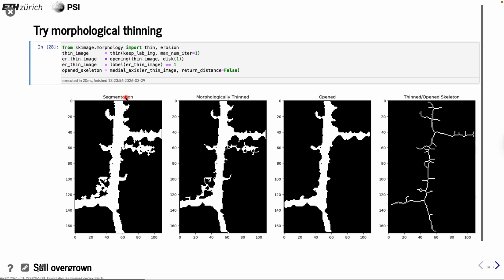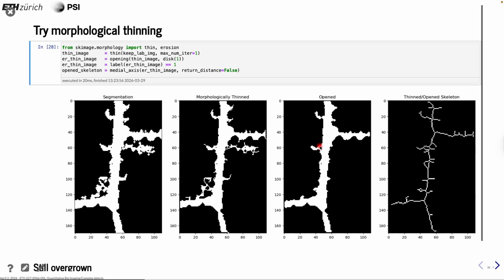So here you can see the original, what we went from. This is a single iteration of the morphological thinning. Then we run yet an opening on that one. And the reason for that is we want to get rid of all these tiny things which we had before. And that looks already a lot cleaner.